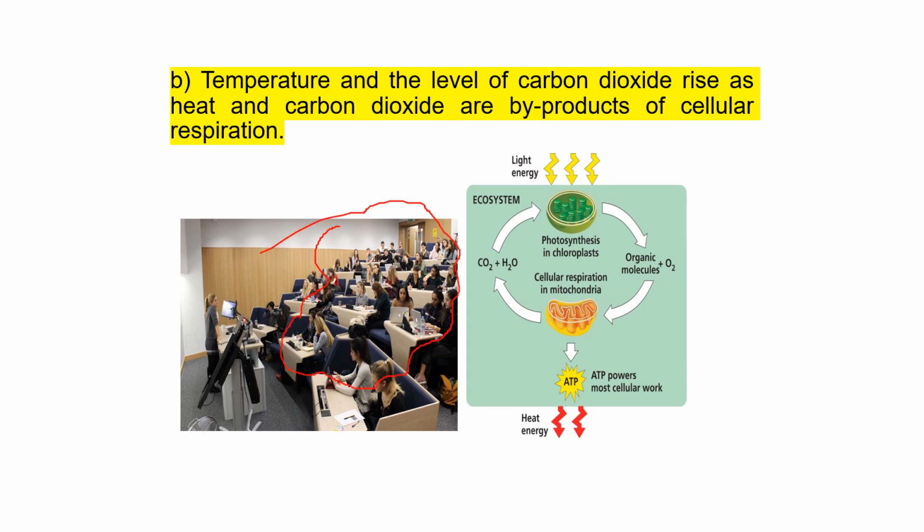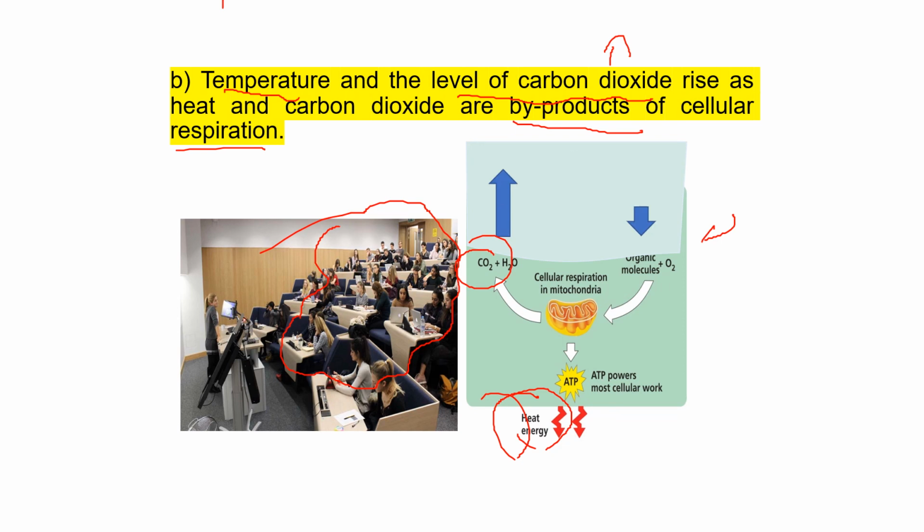What is going to happen is that you're going to have a lot of CO2 and you are going to release also energy in the form of heat. So the temperature and the level of carbon dioxide is going to increase because they are byproducts of the cellular respiration as we see in this schematic. So although it's a very long question, it's actually very easy.